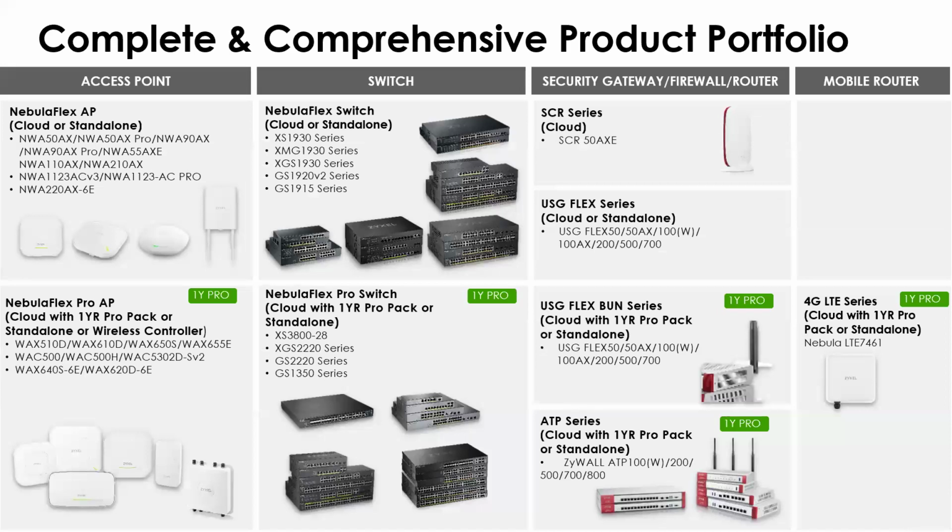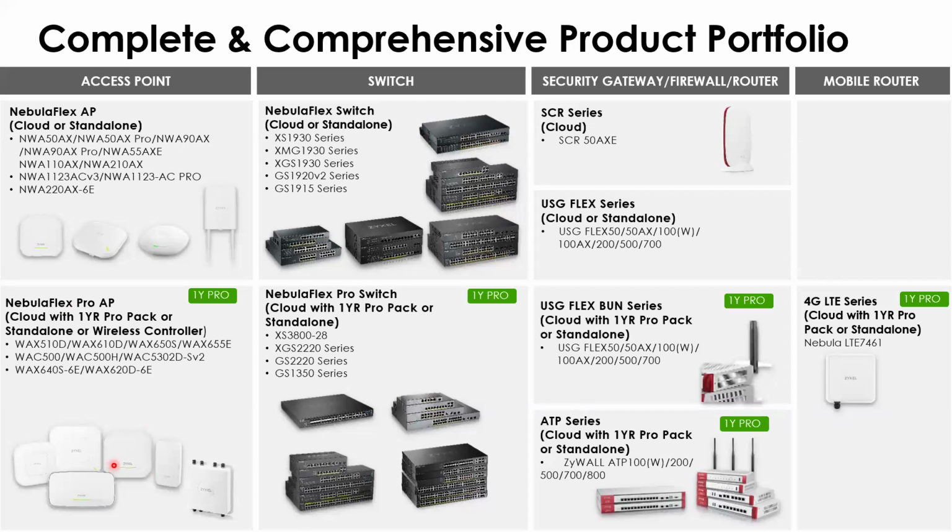So when it comes to hardware, I'm getting ahead of myself here. We also have something called Nebula Flex Pro. As a general rule, all Nebula Flex Pro means is the hardware comes bundled with 1 year of our optional Pro Pack license. In the case of our access points, it means that these access points can also be managed with a local controller.